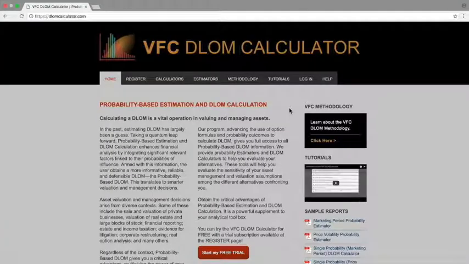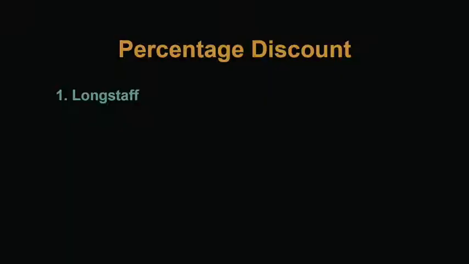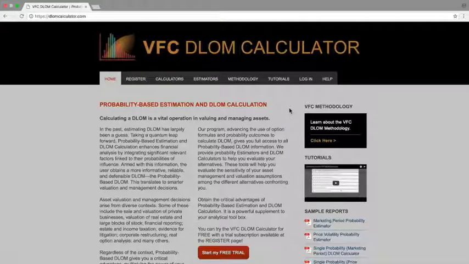The VFC DLOM calculator currently offers a choice of three options-based formulas to calculate discounts for lack of marketability, commonly called DLOM. The currently available formulas are the Longstaff formula, the Black-Scholes formula, and the Finnerty formula. This tutorial shows how to estimate DLOM using the VFC DLOM calculator.